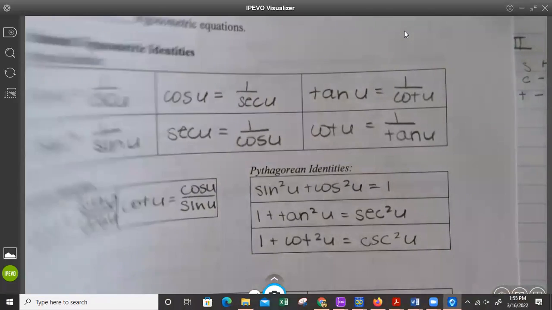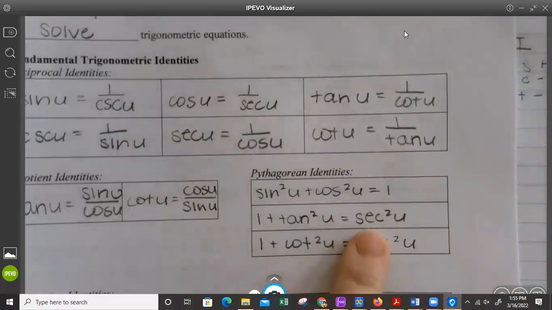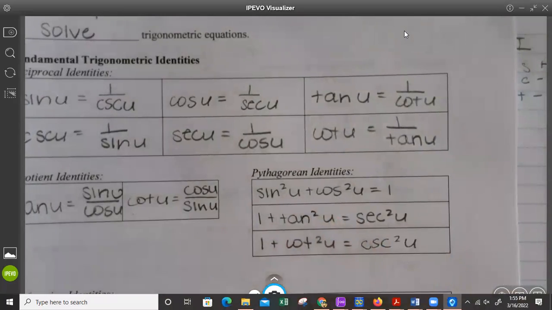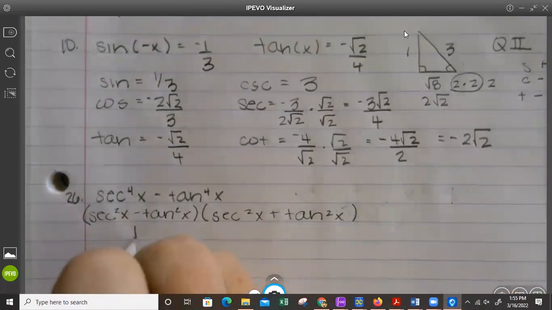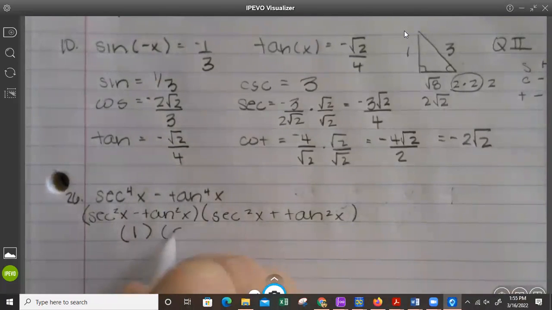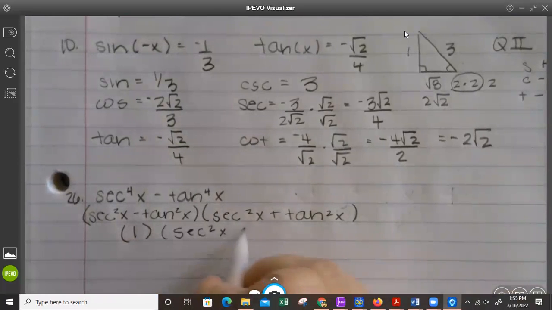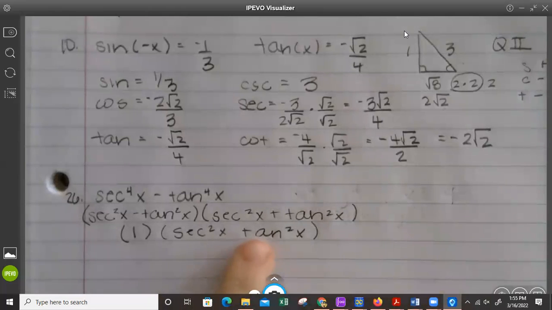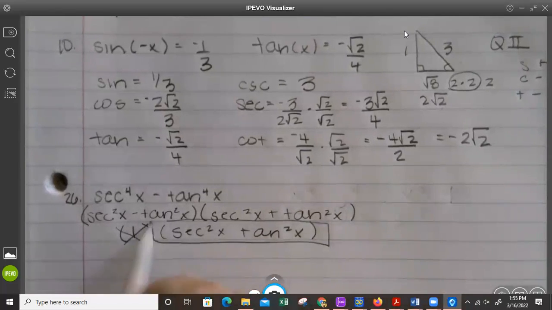I have secant squared x minus tan squared x. So here's secant squared x. What do I have if I subtract tan squared x? 1. So this turns into 1 times secant squared x plus tan squared x. There's absolutely no rule for that. So that's your final answer right there.